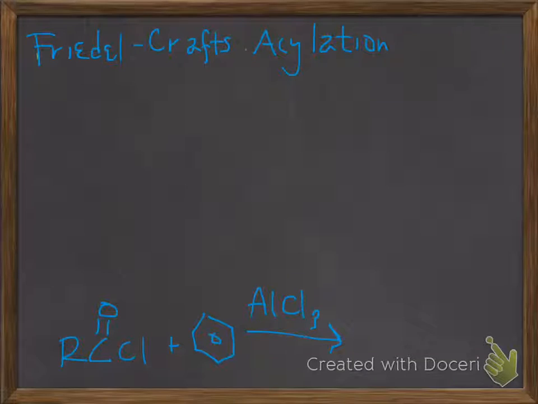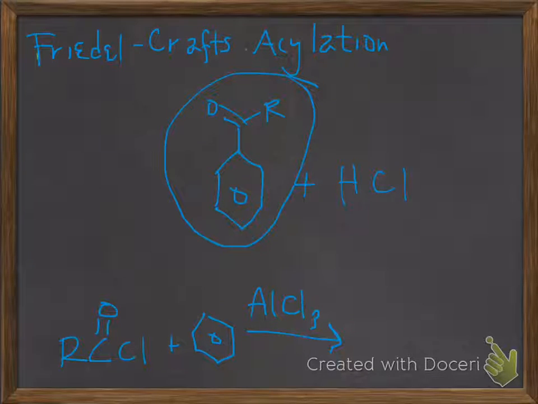It makes the acyl group act as if it's a carbocation, and what you end up getting for your final products, I'm going to actually draw it above, is a benzene ring with an acyl group attached to it plus HCl. Or HBr if you start with an acyl bromide instead of an acyl chloride. We're going to find out how this comes in and how this is important later.